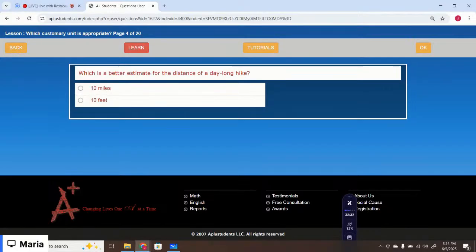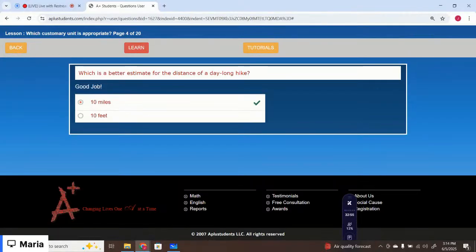Which is a better estimate for the distance of a day-long hike? That is 10 miles. Option number one is the correct option.